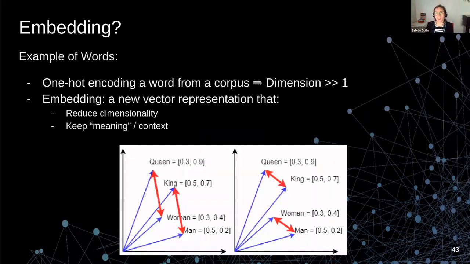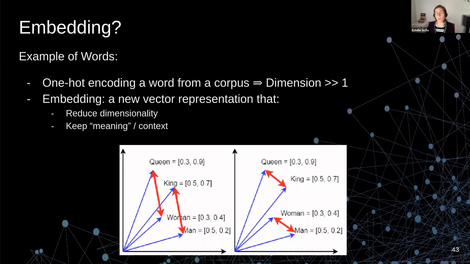Embedding, I guess you might have heard about it, but if we take the example of a word embedding, which is maybe the easiest to understand, the goal is to transform a word to a vector that is understandable by a machine learning algorithm, in a way that the dimension of this vector is quite small.